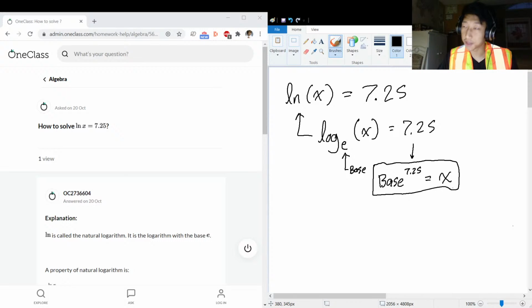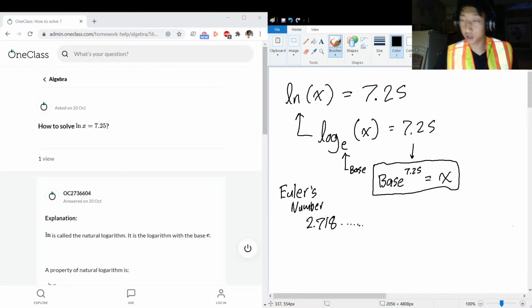Euler is spelled with an EU. Euler's number is a very special and spicy number in mathematics. You'll see it a lot. It's 2.718 on and on and on. It was originally calculated by Euler himself.